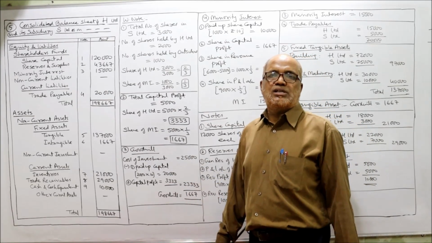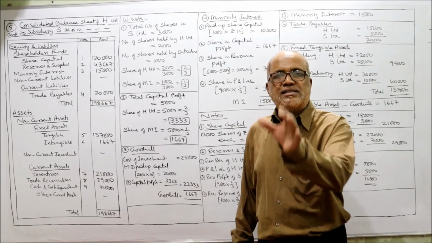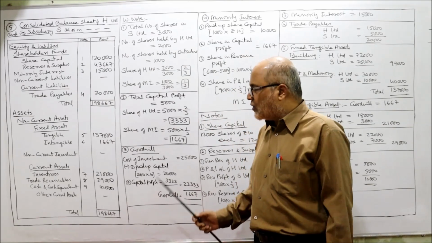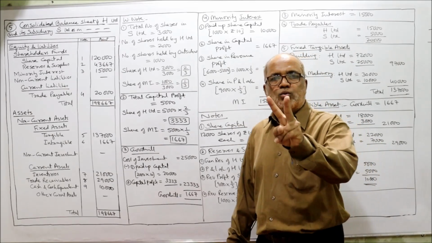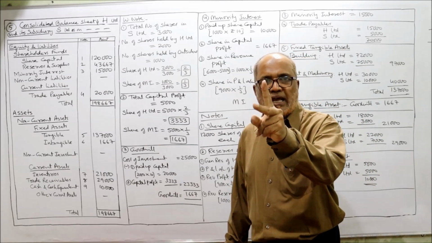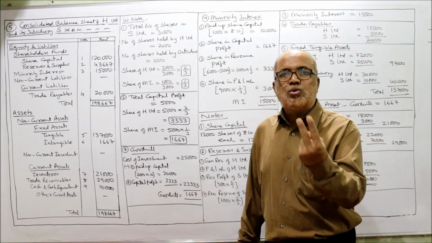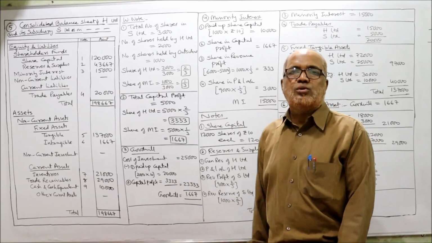Now goodwill and capital reserve. What is the cost of investment given in the balance sheet? Asset side, H Limited has invested in S Limited for an amount of rupees 25,000, cost of investment. From this we deduct two items, paid up share capital and capital profit. Paid up share capital, how many shares? 2,000 shares, face value 10 rupees, so 2,000 into 10, 20,000.